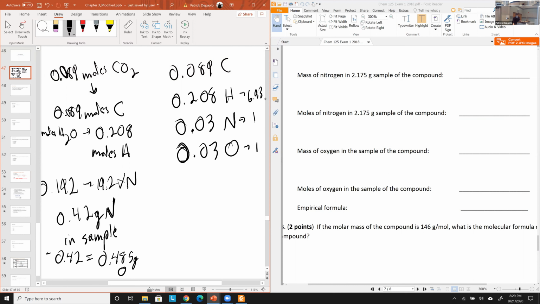And then you have your 0.089 for your carbon divided by the lowest number, 0.03, and that is 2.97. Awesome. So then this is about 3, close enough to 3, close enough to 7. You have C3H7NO. And that is your empirical formula for this question.